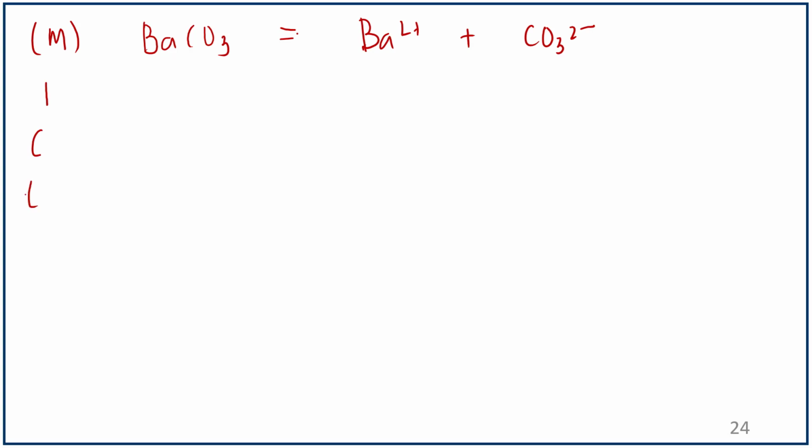So this one should be molarity, and then barium carbonate should be equal to barium 2 plus and CO3 2 minus. Here we have to consider molarity, so this one's ignored. As we have seen from the previous ICF table, this one's 0.